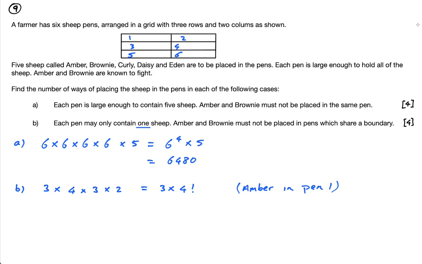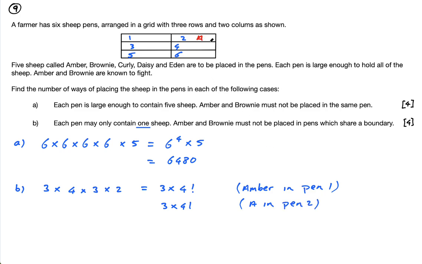If Amber is in pen 2, the same situation, because Brownie then can only go into this one, or this one. So Brownie can go into 3, and then I have this same situation where 4 times 3 times 2 times 1. So this is going to be 3 times 4 factorial. This is Amber in pen 2.